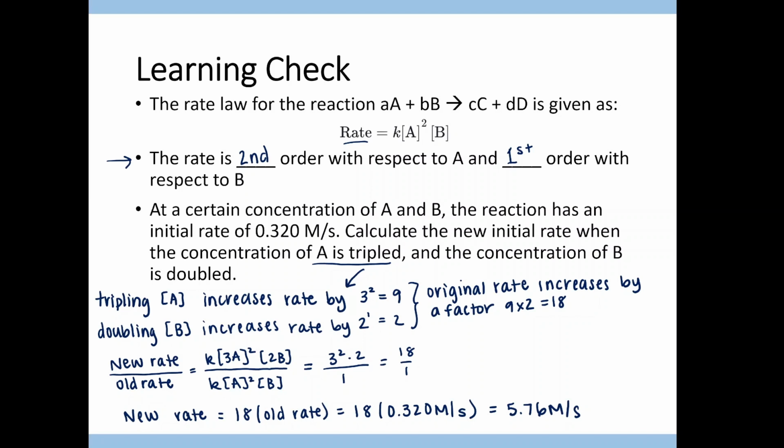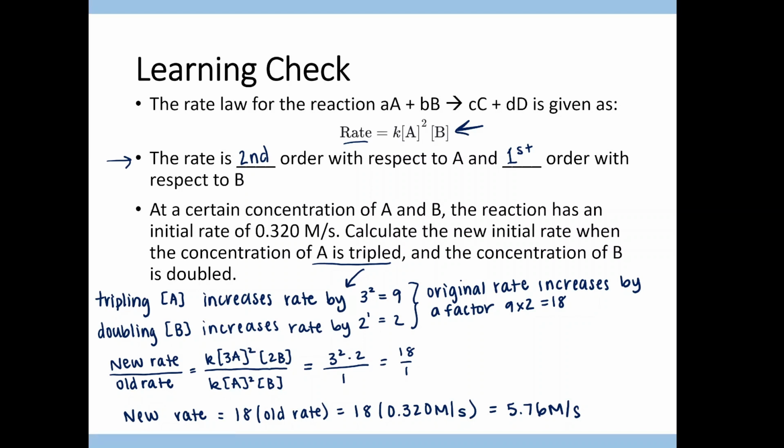So increasing the concentration of both A and B increases the reaction rate, and it depends on the rate law to determine how exactly this impacts the reaction rate. All right, I will end this video here and we'll do more examples in the next video for chapter 14.